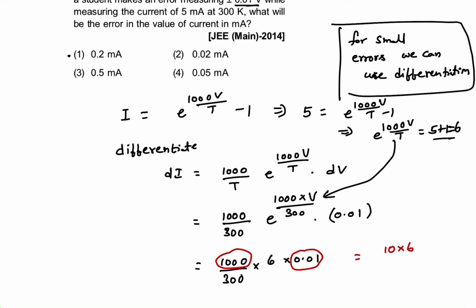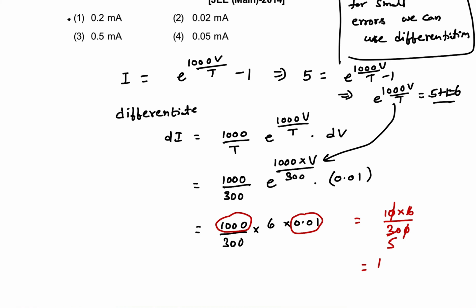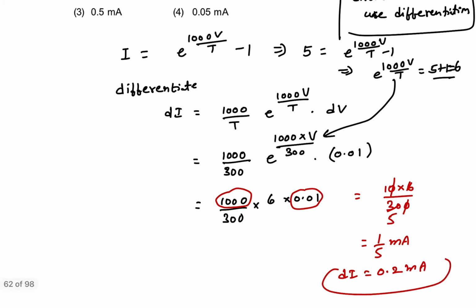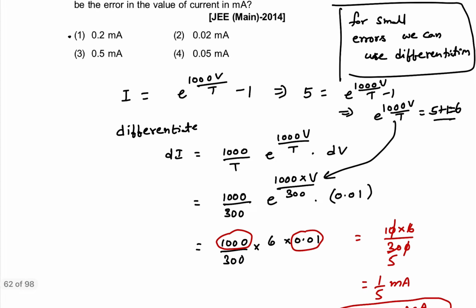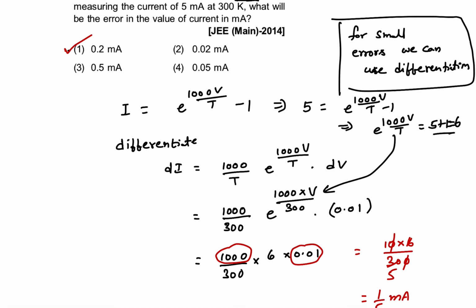The 1000 into 0.01 is 10, so 10 into 6 divided by 300. The zeros get cancelled, and the value cancels five times. Finally, you get 1 by 5 milliampere, which is 0.2 milliampere. This is the error in I.